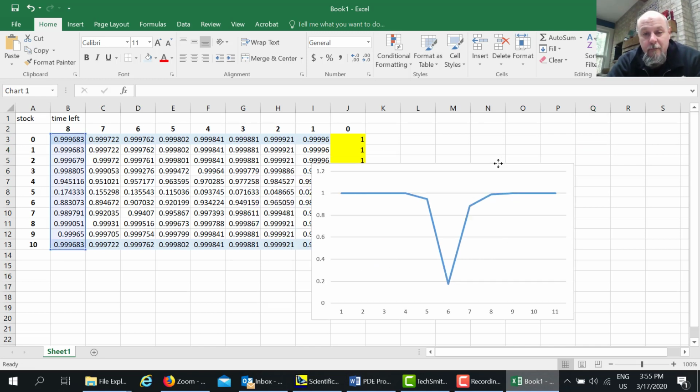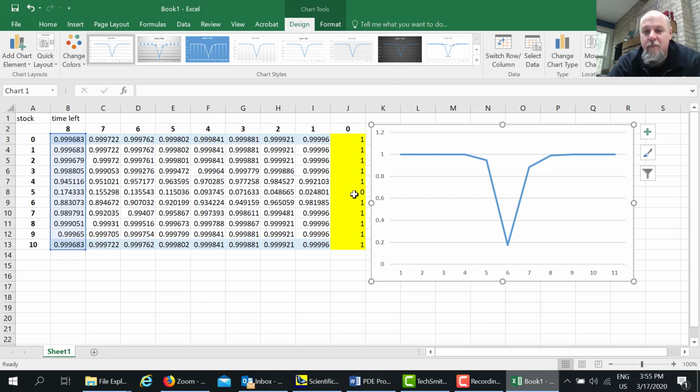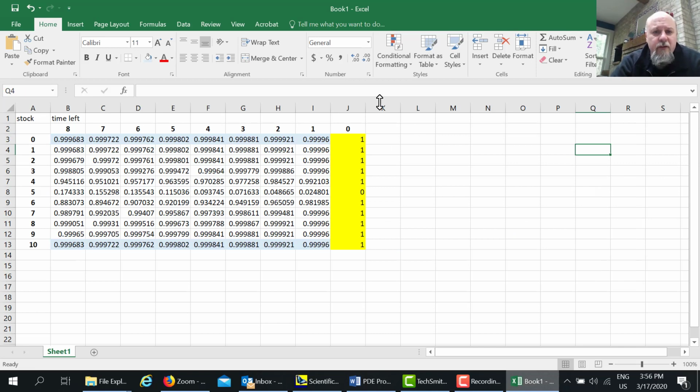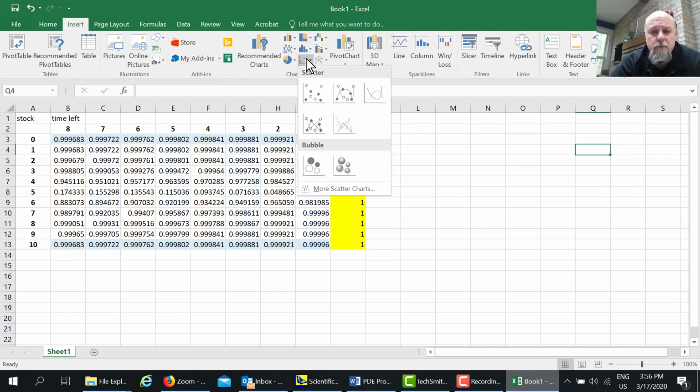Well, that's because I did the payoff a bit asymmetrical here, right? It was 0 at 5 but 1 at 6. So that makes this little asymmetry. And I don't like the way I drew it here. I'm going to get rid of this because I want to make a point here. I'm going to make this a scatter plot.